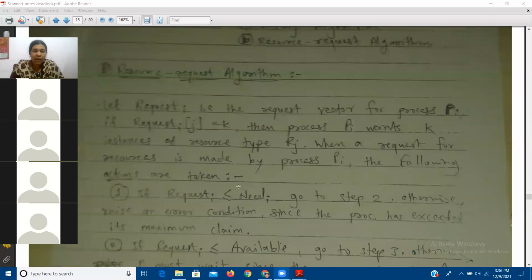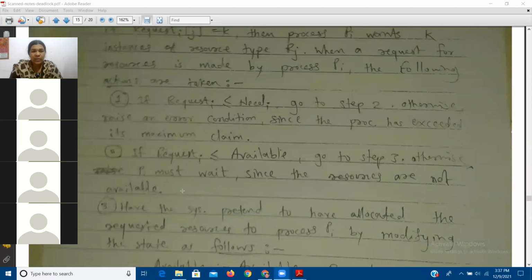Along with the four previous data structures, that is Available, Allocation, Max and Need, one more data structure is used by this algorithm, that is Request. So this is the fifth data structure. These five data structures are used under the resource request algorithm. We'll see the algorithm. So first step: if Request[i] is less than or equal to Need[i], go to step 2.